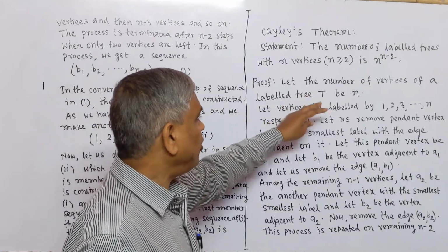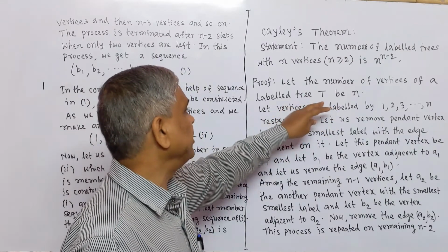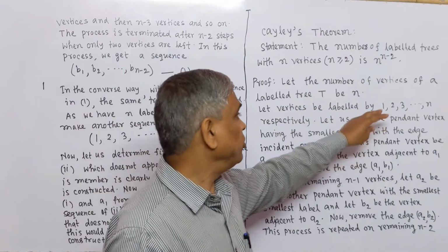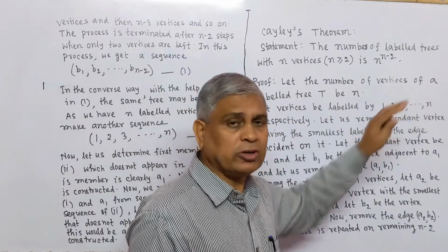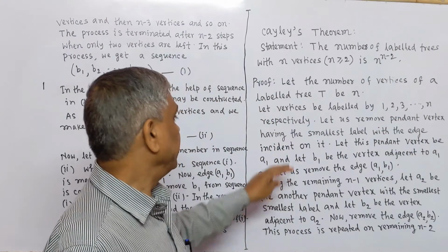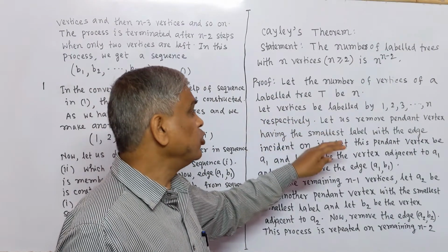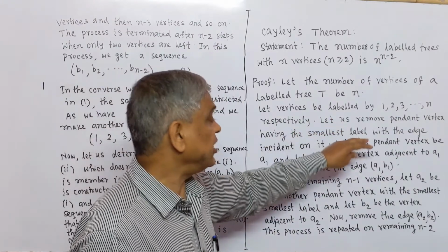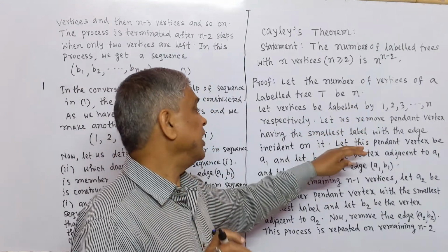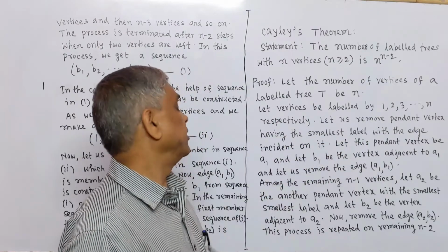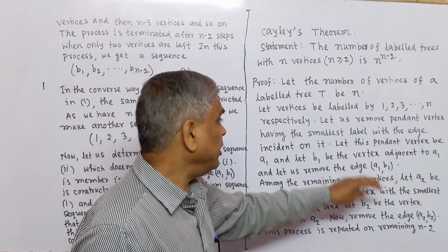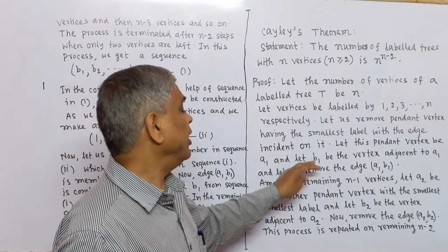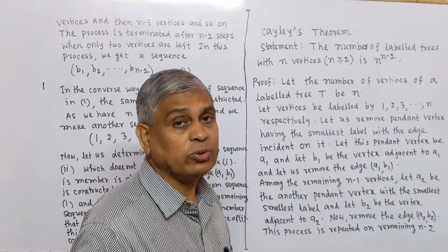Let the number of vertices of a labeled tree be n. Let the vertices be labeled by the numbers 1, 2, 3, ..., n respectively. Let us remove the pendant vertex having the smallest label with the edge incident on it. Let this pendant vertex be A1 and let B1 be the vertex adjacent to A1.